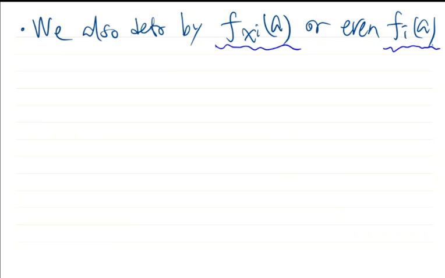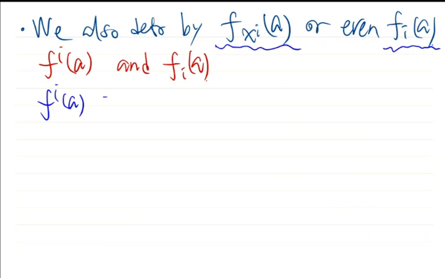I remind you to distinguish f_i(a) and f_i(a). Here f_i(a) is the ith component of a vector.